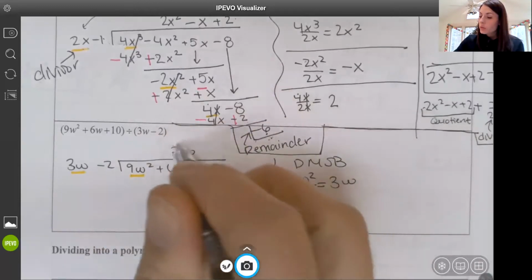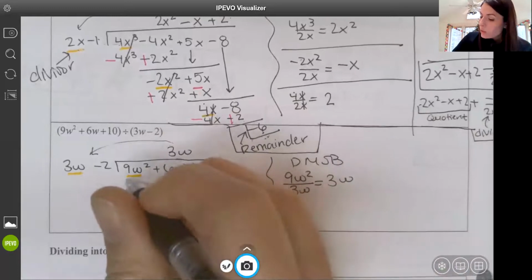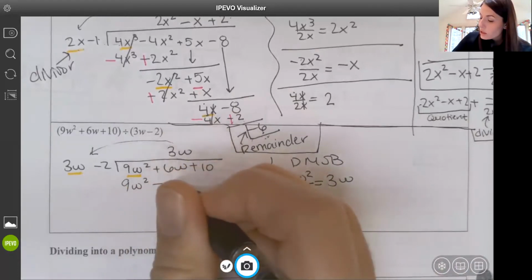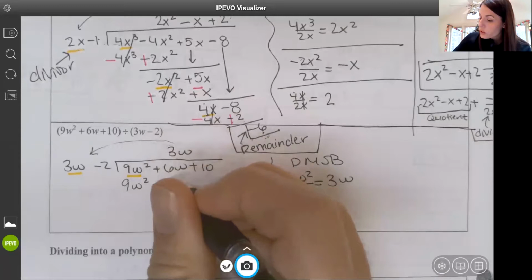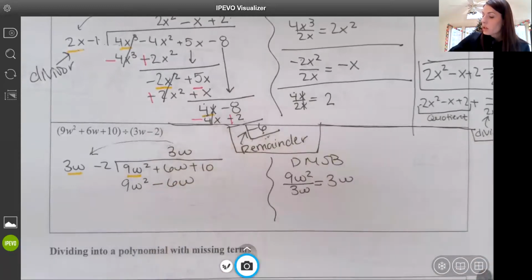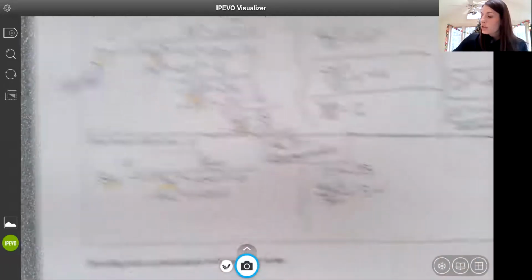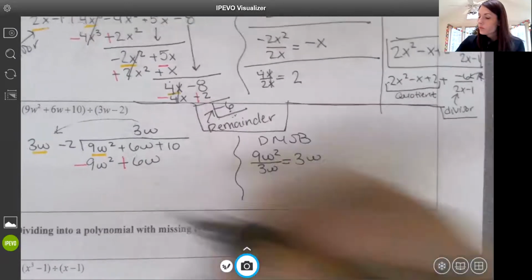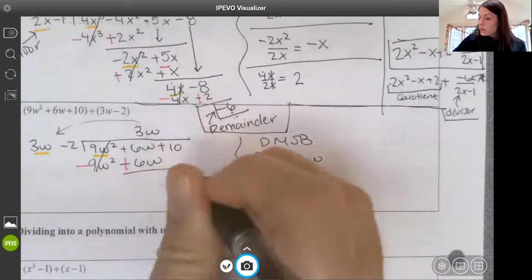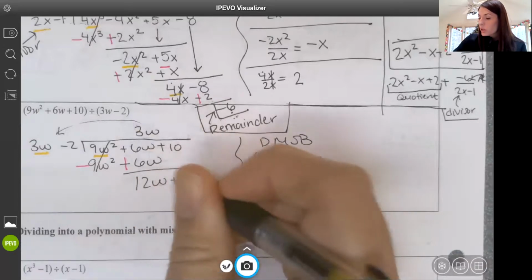Take that 3w and multiply through out front, which would give me 9w squared minus 6w. Subtract, it's going to change all of our signs. These cancel, gives me 12w plus 10.